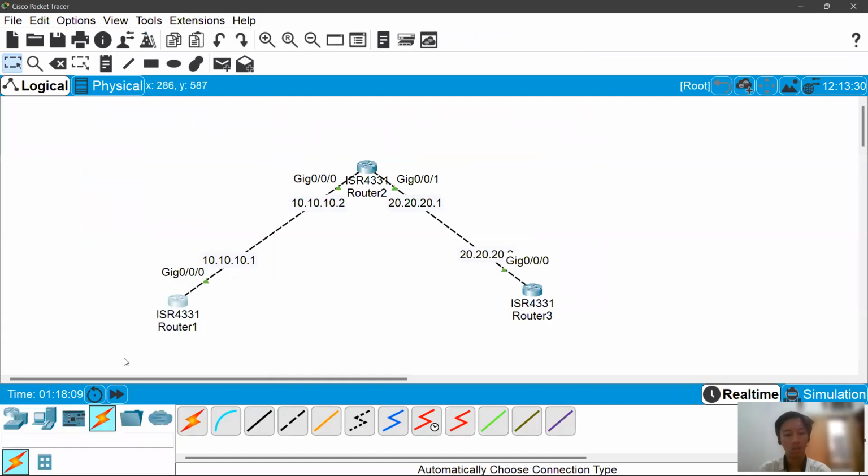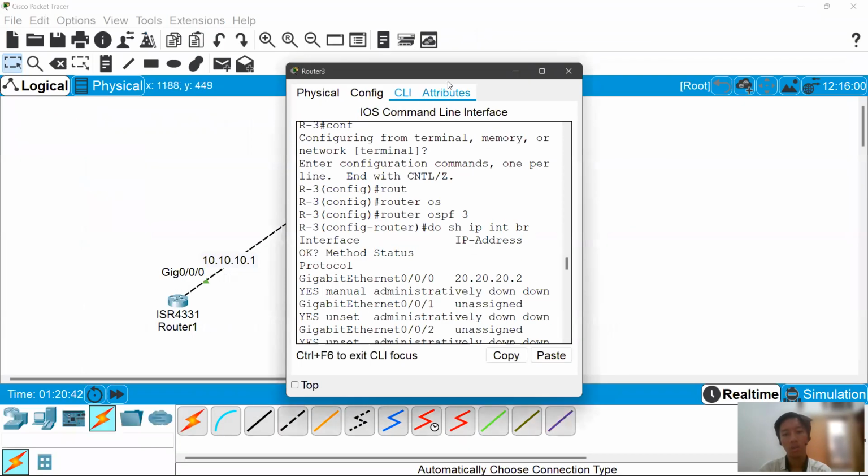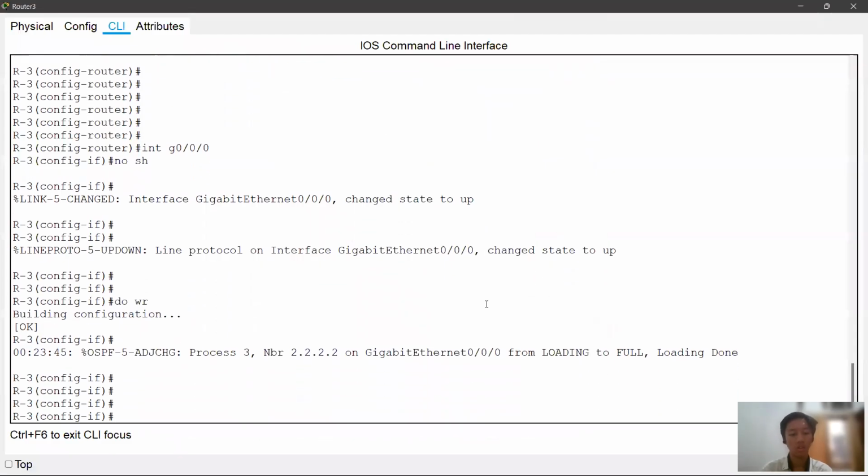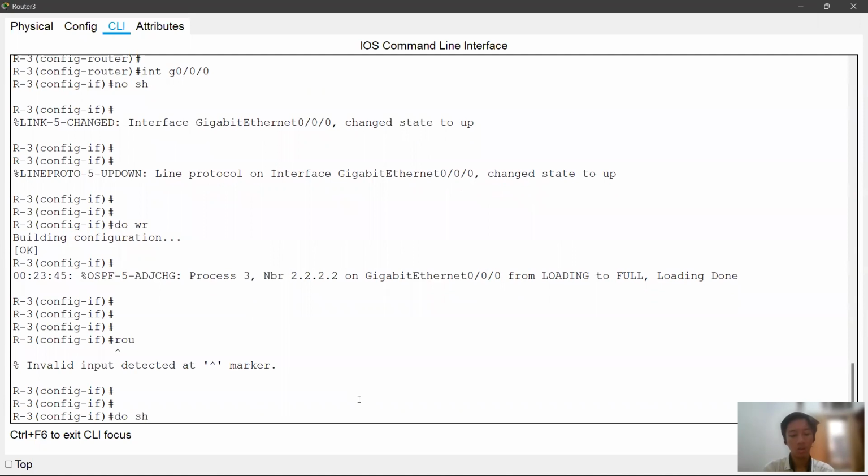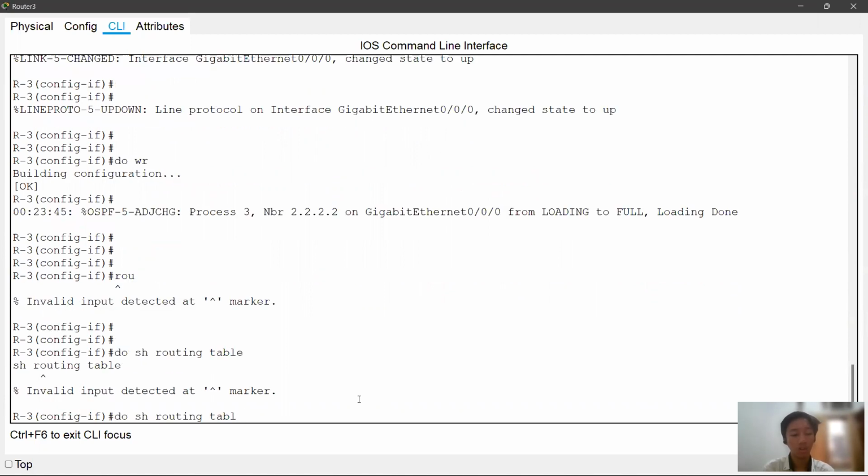Okay, a certain time forward, and here we go. We check again, with the loading bar going from loading to full. Check again. Do show routing table. Sorry, I'm very sleepy.